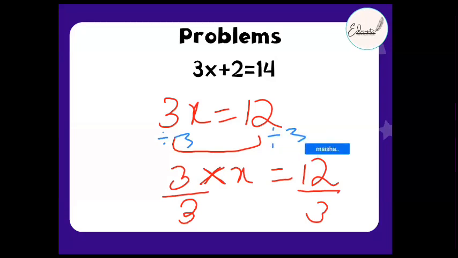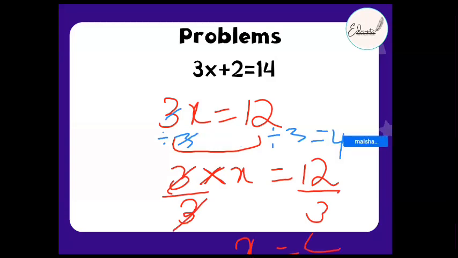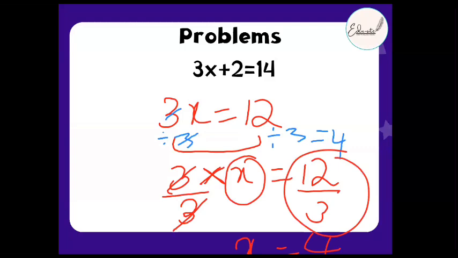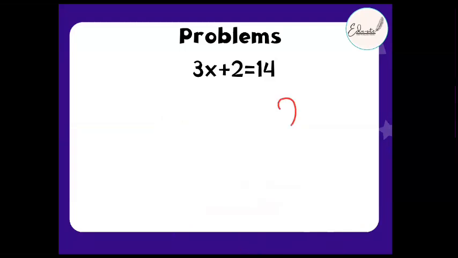This will cancel out, and this will become 3 ones are 3, 3 fours are 12... this is x and this is 4. Excellent. So what is the answer? x equals 4. Wasn't it easy? You just have to follow 2 steps, okay? The answer is in 2 steps.